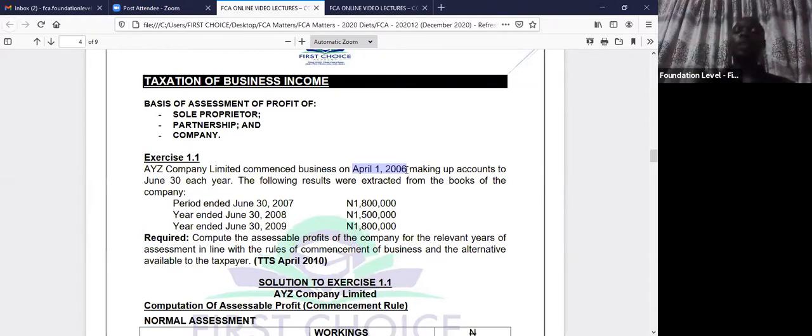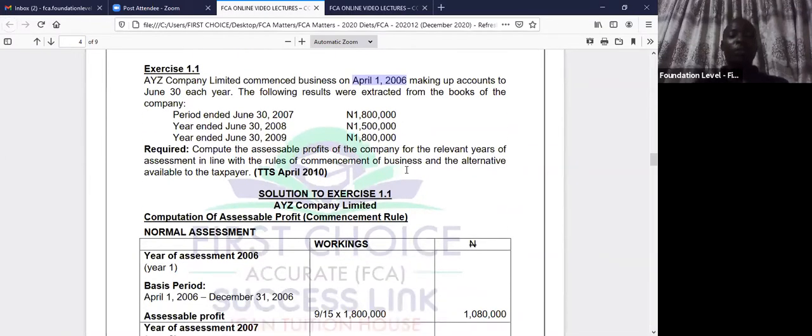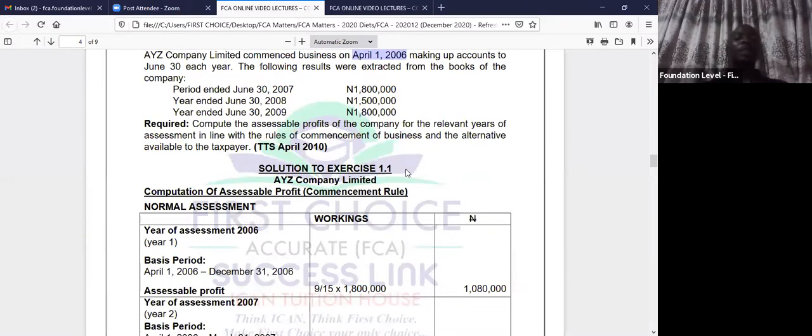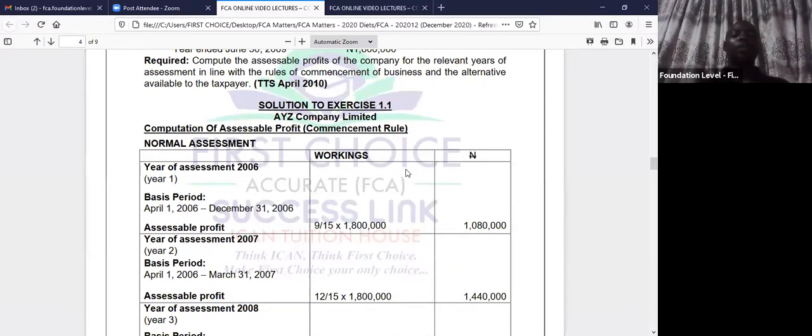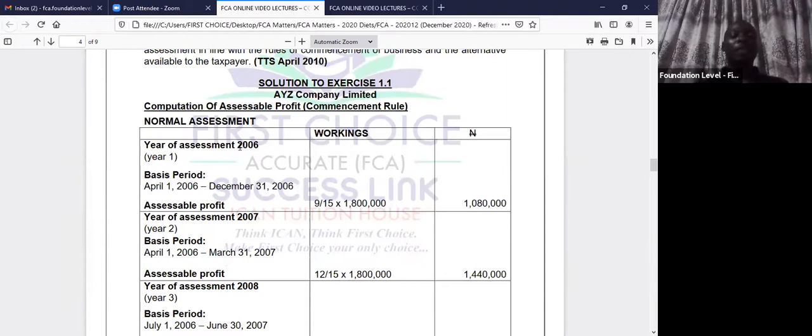How do you treat these three accounts? The normal way, which is the normal basis for commencement, is to treat them like this. Okay, let's look at the solution. I will show you from the solution. The first year, you look at 2006. That's the first year.